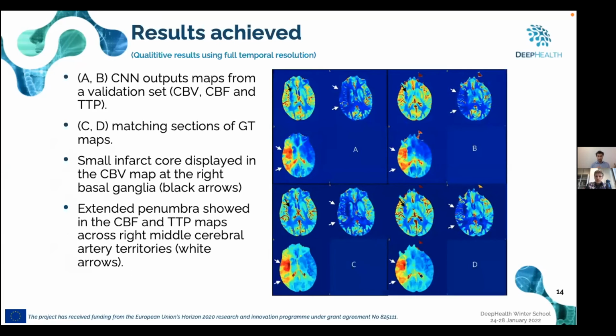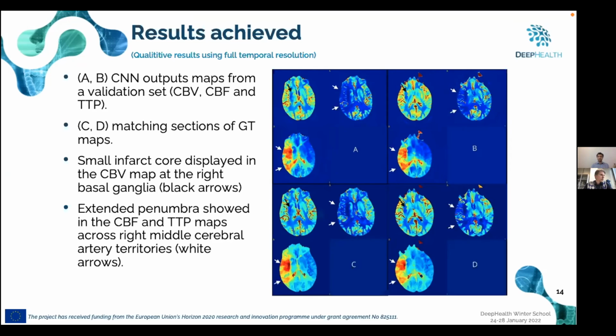This is just to give you an idea of the generation of 3 out of 4 different maps. In this case, we've chosen blood volume, blood flow, time to peak. Why not all 4 of them? Because 3 out of 4 are sufficient to get all of the measures.